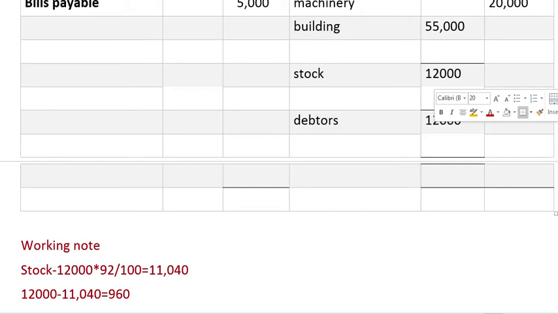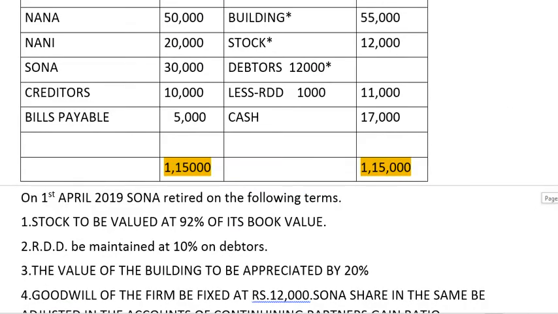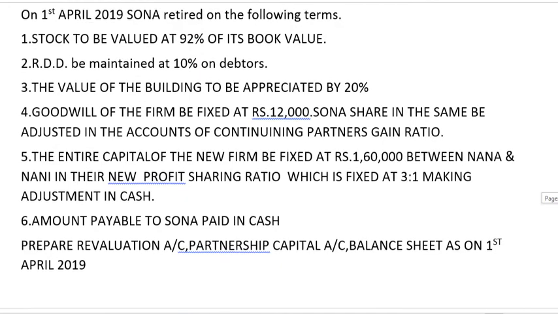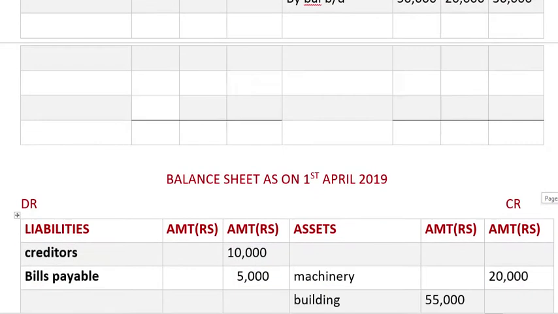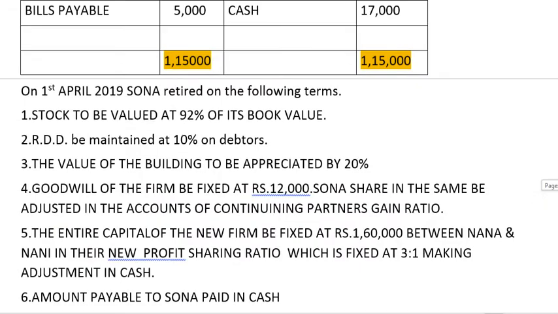After debtors, what is it? Cash 17,000. Some calculations are there with cash, so we'll write on the asset side cash, we'll put a bracket, 17,000.